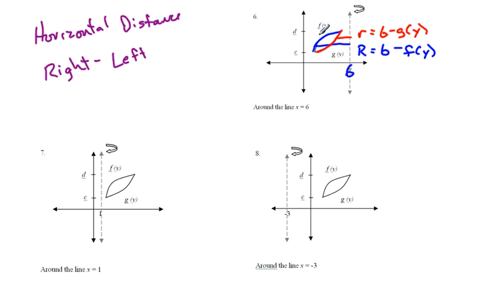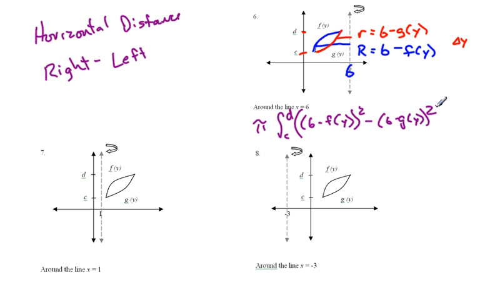We can see that these have a thickness of delta y, and they're stacked from c to d. So my integral is pi, integral from c to d, big R, 6 minus f of y, all of that squared, minus 6 minus g of y, all of that squared, times dy.